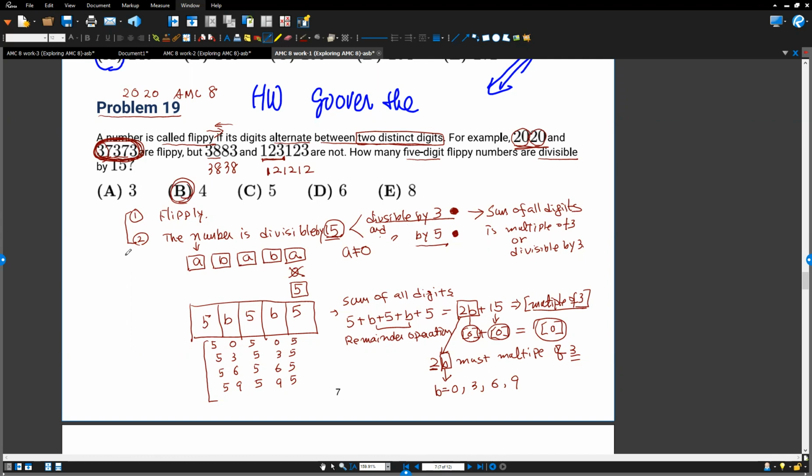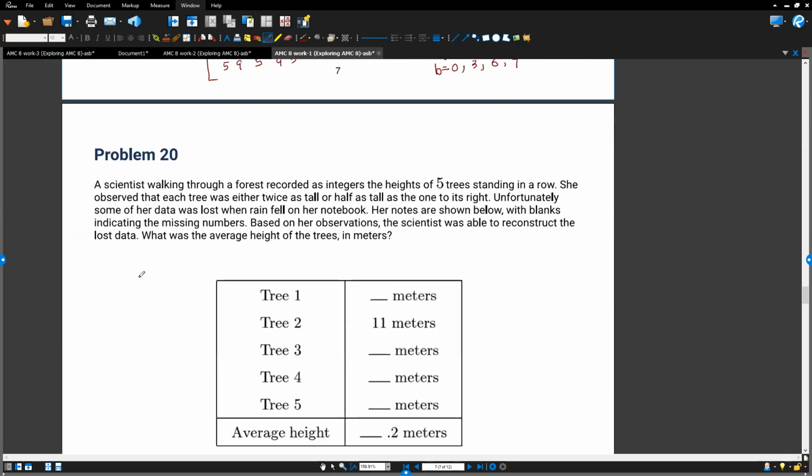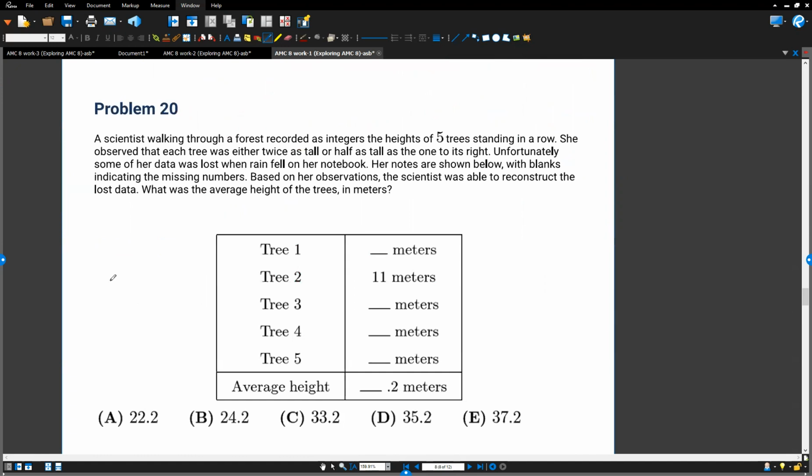All right, number 20, take a look at number 20. What is this one? It's a kind of logic, right? A scientist working through a forest recorded as integers the height of five trees standing in a row.